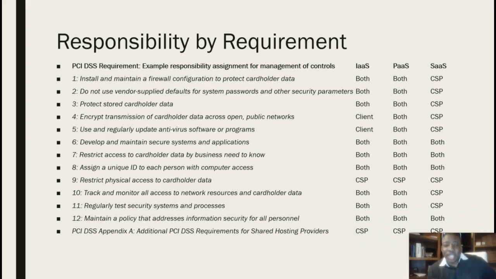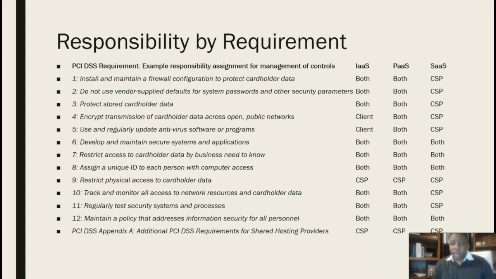If you're new to it, then just hit me up and I'll give you more information. Now under SaaS, the cloud service provider owns all of the responsibility. It is Google Docs' responsibility to provide encryption of data saved, if so agreed, by you and them. So make sure you look at your service level agreements.